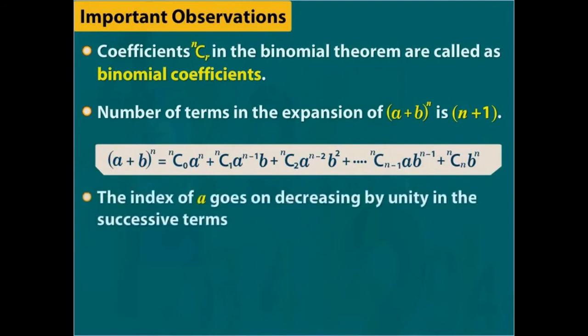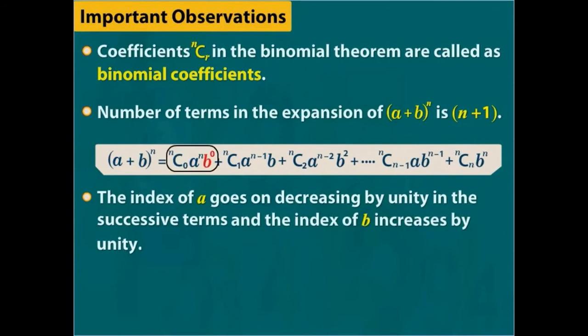that the index of a goes on decreasing by unity in the successive terms. Here n is in the first term, then n minus 1 in the second term, and so on, and 0 in the last term. Similarly, the index of b increases by unity.